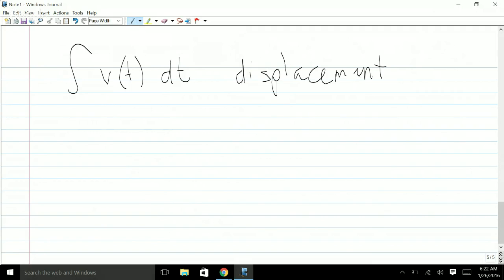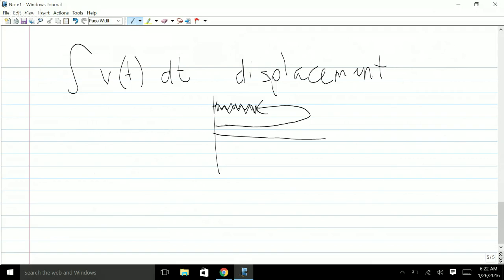Let's say you're traveling on the x-axis and you actually turn and come back. This integral is going to give you this displacement, that's just how far you are from your original.